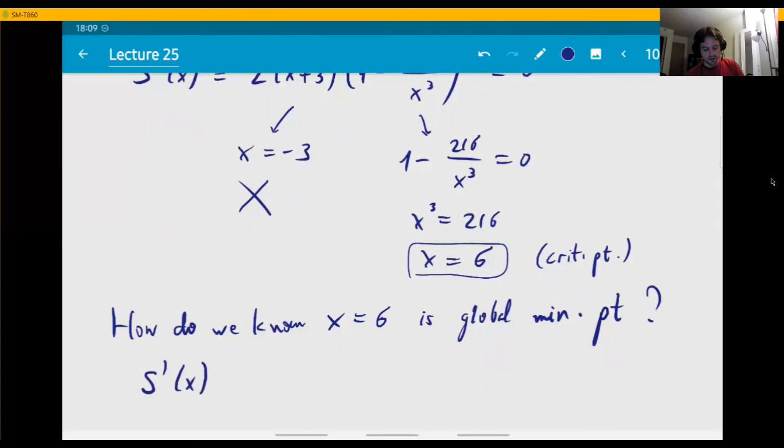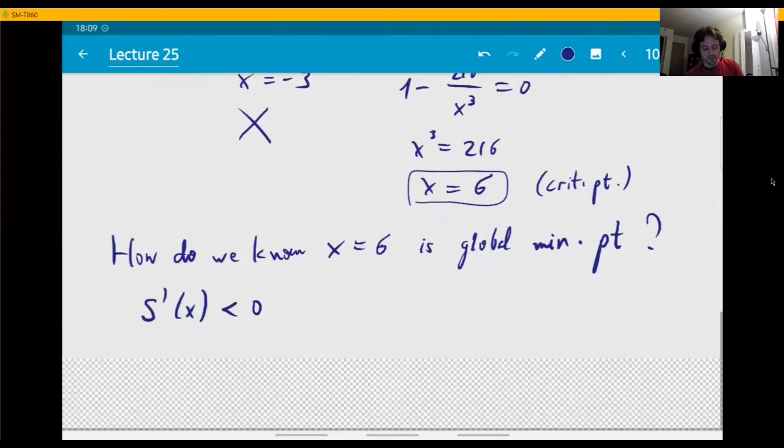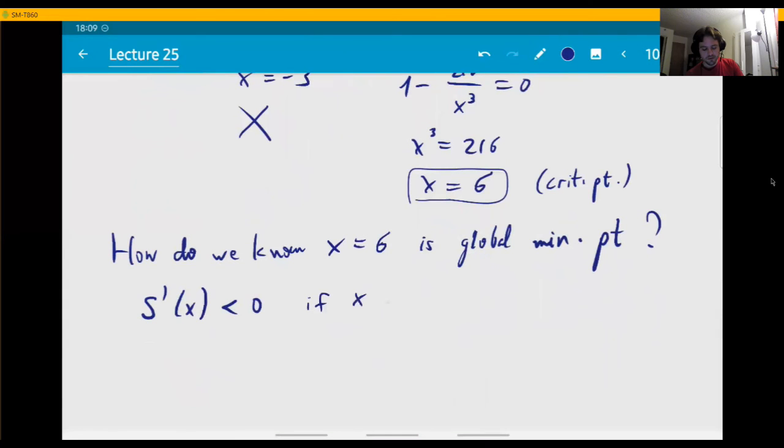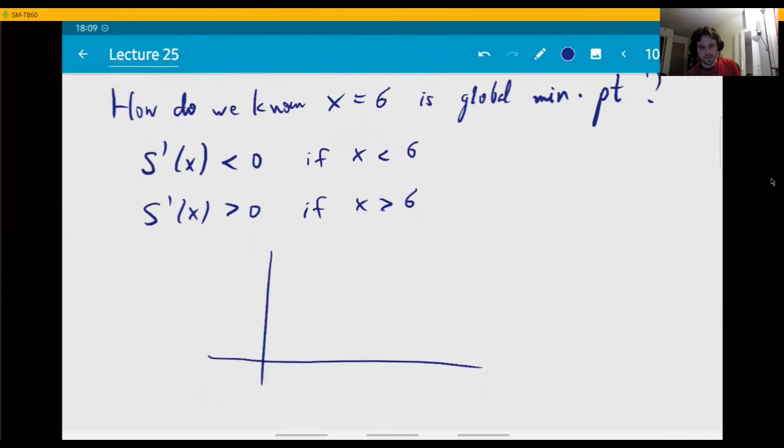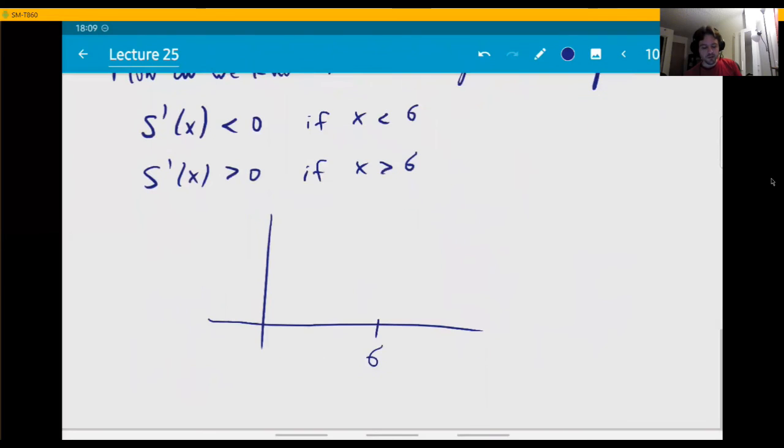And similarly, you can determine that it's smaller before. So whatever the value of s of 6 is, the function s has to be decreasing for every possible x before 6, and then increasing for every x after 6.